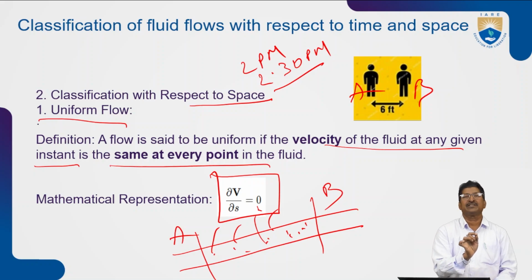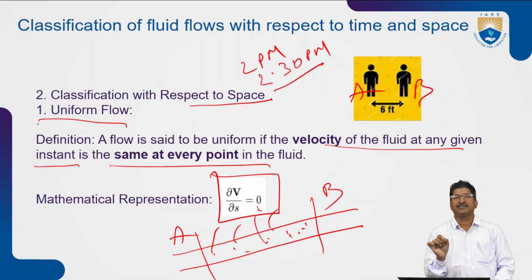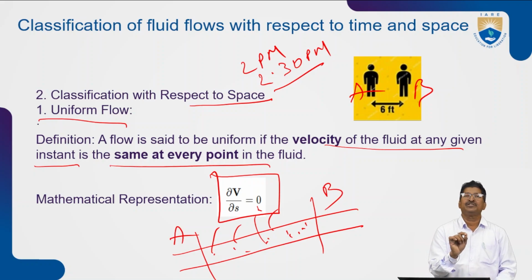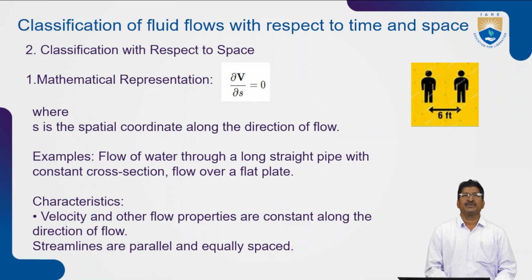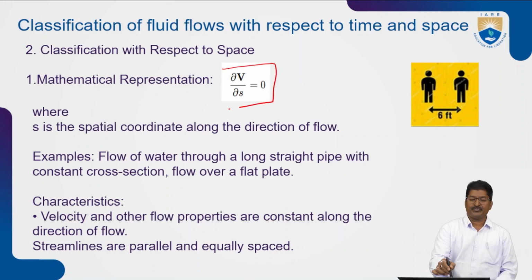Let us take 3:45 p.m. If you measure the velocity at different points in your pipeline, and each and every point has a different velocity, then that is a non-uniform flow. That means ∂V/∂S is not equal to 0. So the mathematical expression for uniform flow is ∂V/∂S is equal to 0.